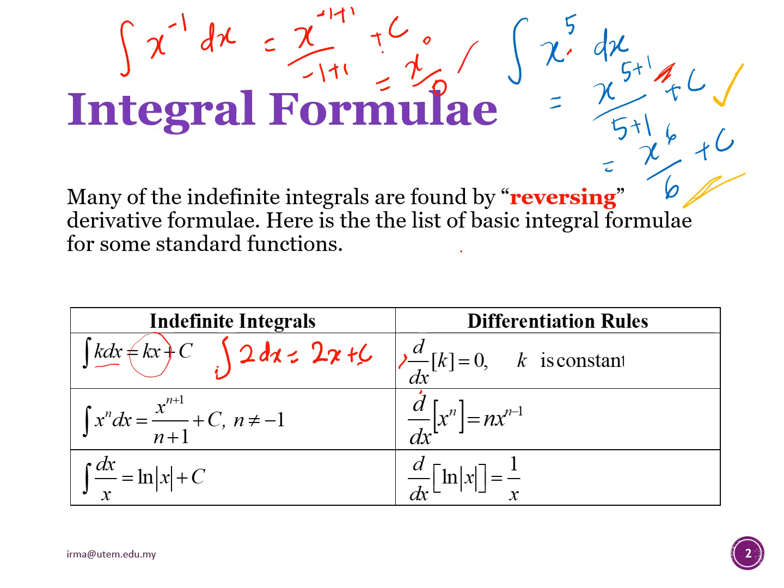This cannot happen because we cannot have a denominator of 0. So we have a special formula to integrate x to the power of negative 1. We can write it as 1 over x. So integrate 1 over x with respect to x, and you get log x.